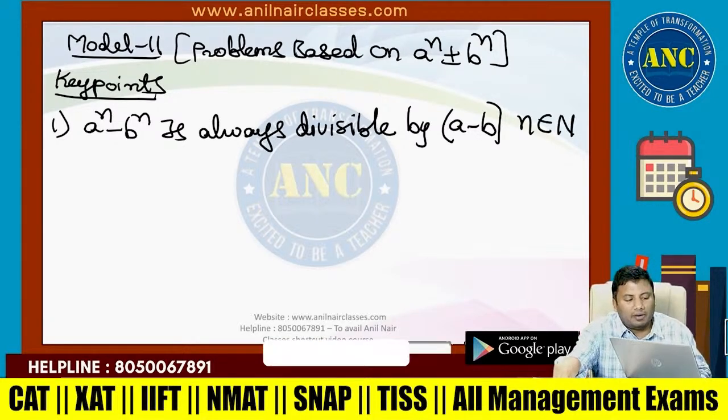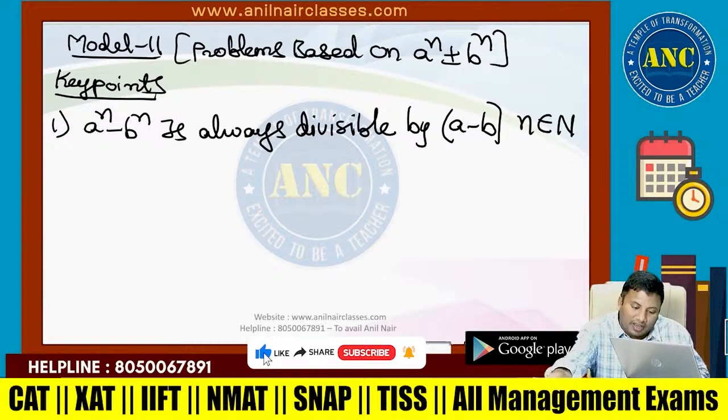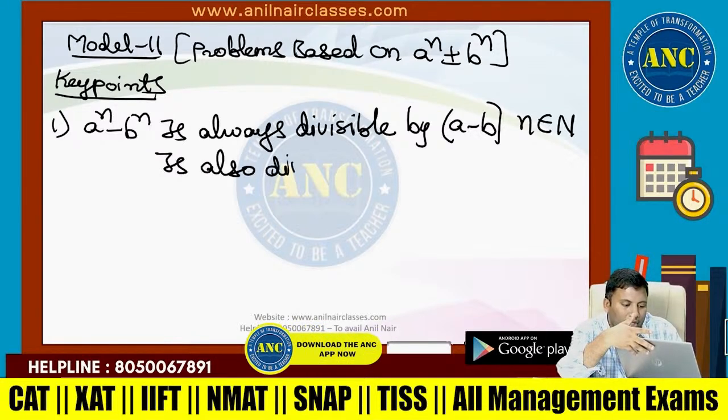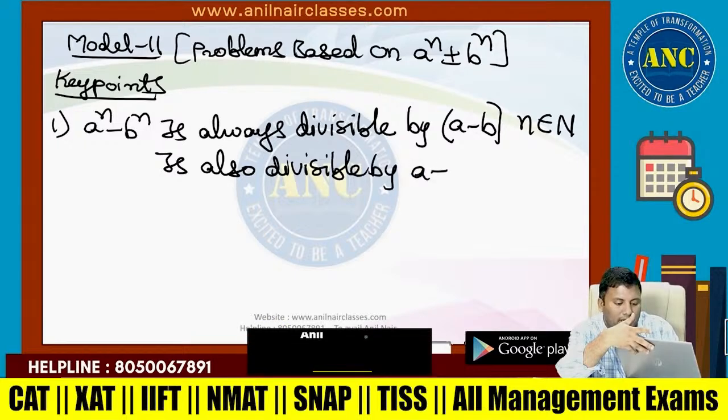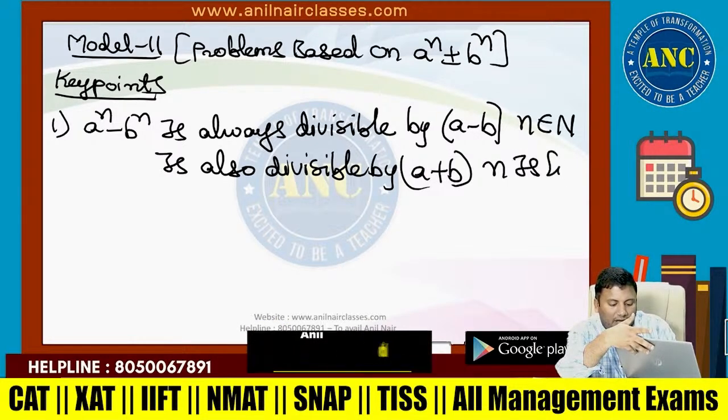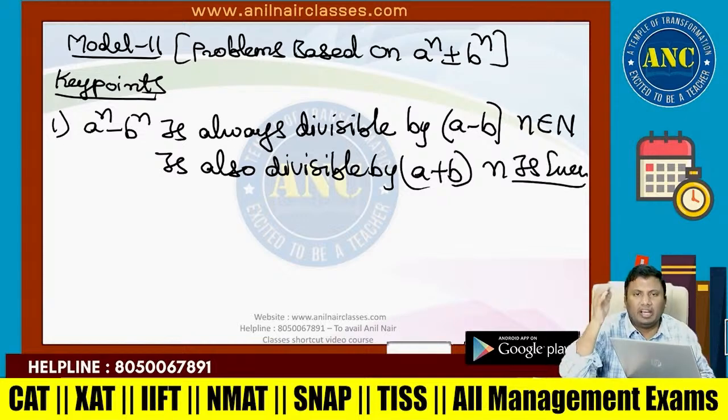It is also divisible by a plus b if n is an even number. If n is an even number, definitely it will be divisible by a minus b. In addition to a minus b, it is also divisible by a plus b.